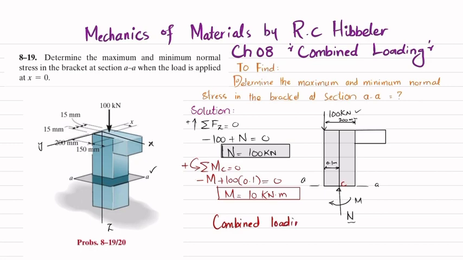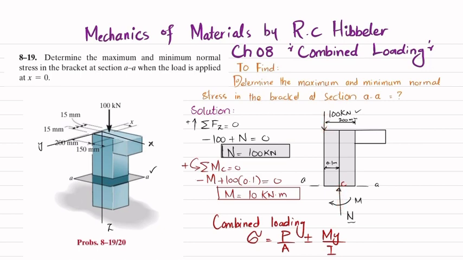So we know that stress is equal to P divided by A plus or minus M into Y divided by I. Here you can see both these two forces are producing compressive stress.